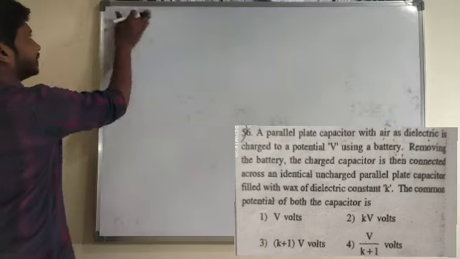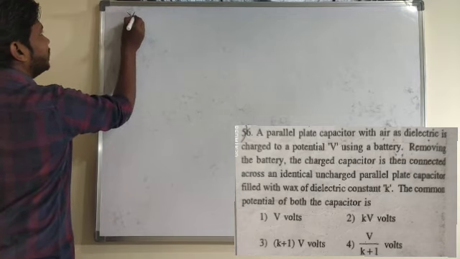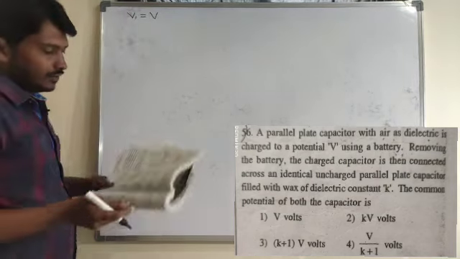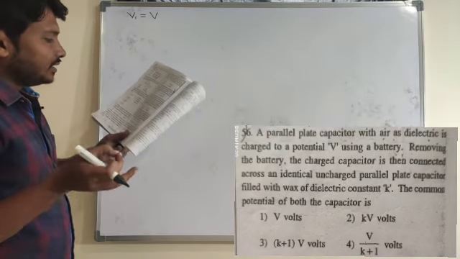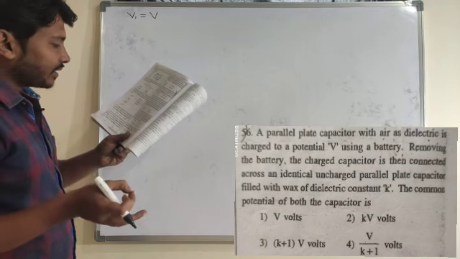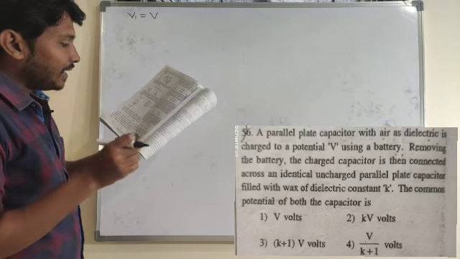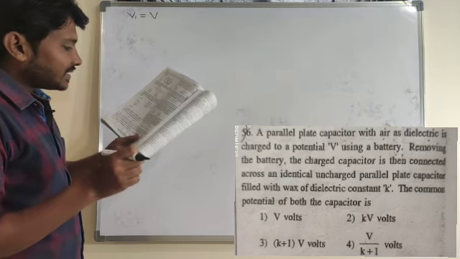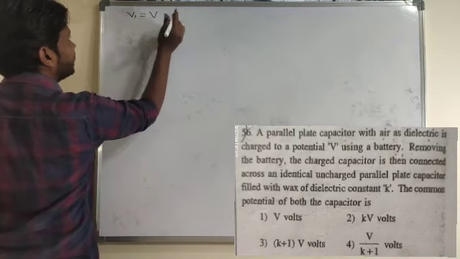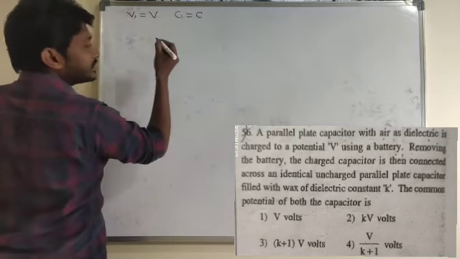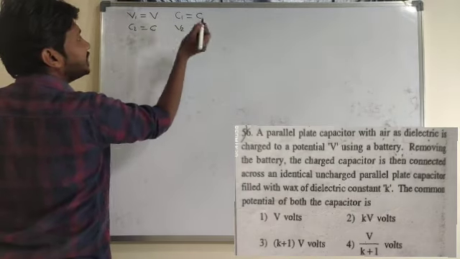So the initial potential value is V1, which is equal to V. Removing the battery, the charged capacitor is then connected across an identical uncharged parallel plate capacitor with wax as a dielectric of constant K. In the first situation, V1 is V and C1 is C, and the identical capacitor is uncharged.